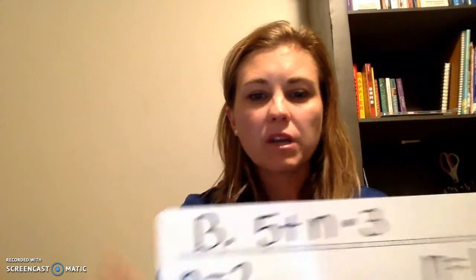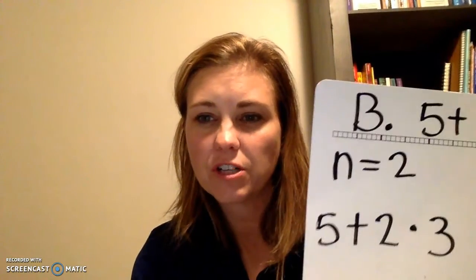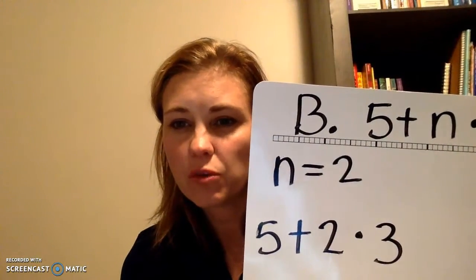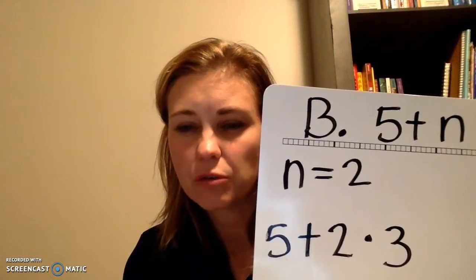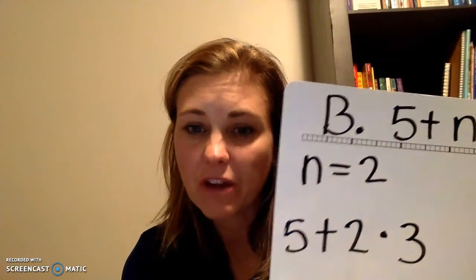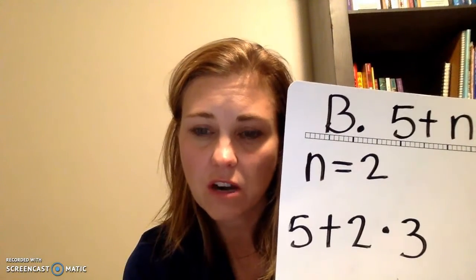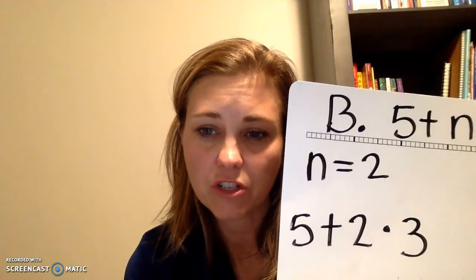I have 5 plus n times 3. So I'm going to, again, start with n equals 2. So I put 2 in where n would be. So I have 5 plus 2 times 3. Now I go back to my order of operation rules. My first step is parentheses. I don't have any parentheses, so I can start on my multiplication or division.